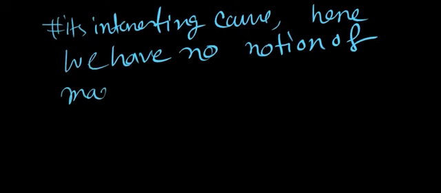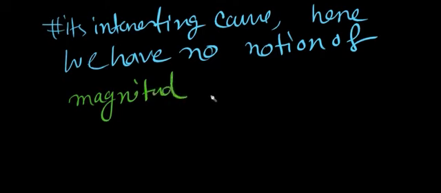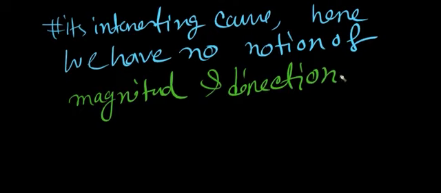Let me just use another color so that you understand it better. So how can you get some magnitude and direction from a matrix? That's the abstractness we're talking about, that we want to generalize stuff.